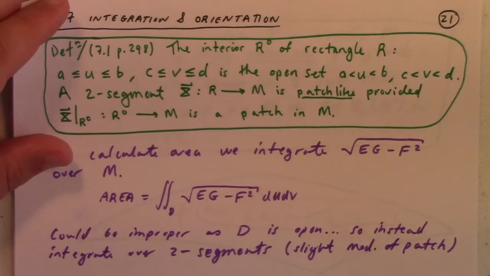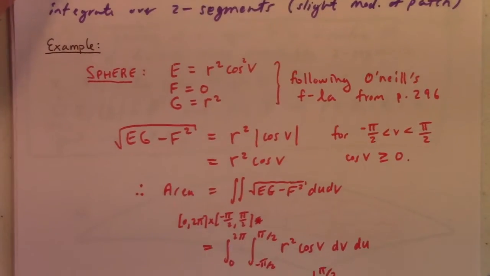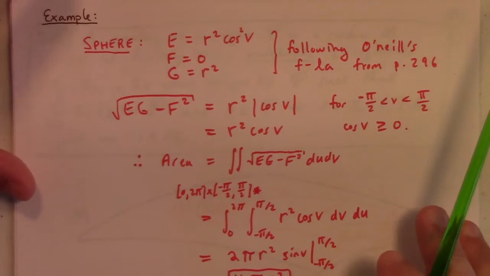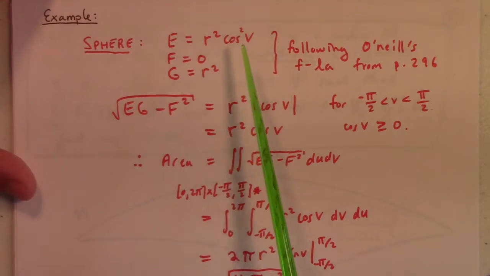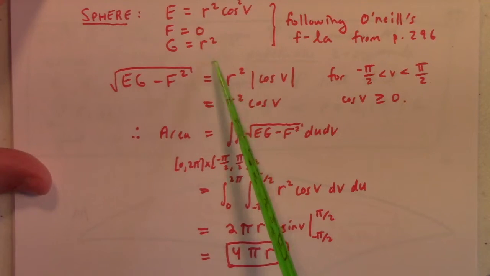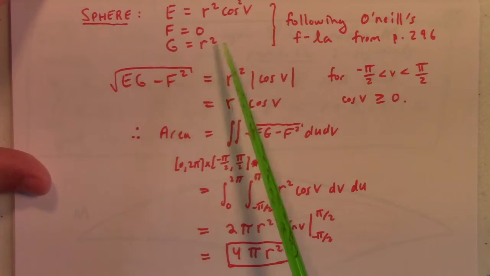All right, anyway, so here's an example just to show you how it works, while I have not motivated that formula. So the sphere, in at least O'Neill's notation, E, F, G are this, and this, and this: r squared cosine squared v, r squared.